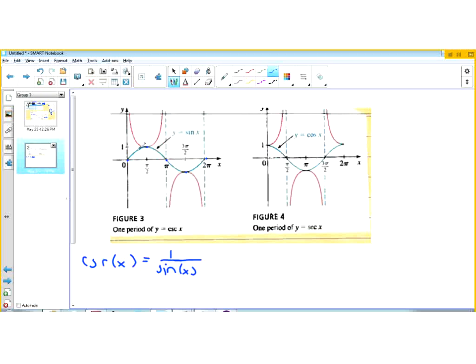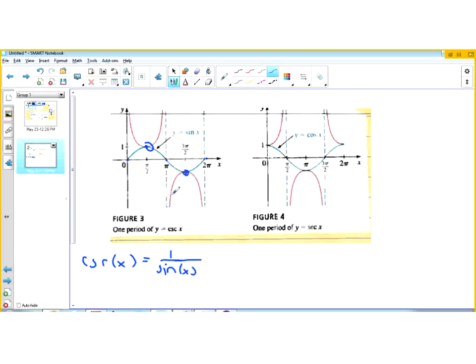To graph the cosecant function, sketch the graph of the sine function, identify the vertical asymptotes, identify the local min and the local max. This is a local min. This is a local max. Okay, even though the local min is above the local max, identify those points, and then from there draw the corresponding branches that will be asymptotic with its asymptotes.